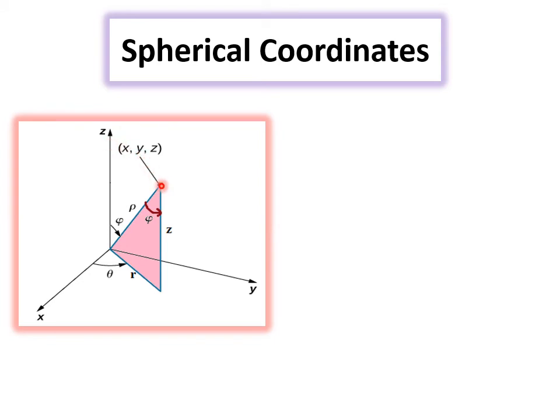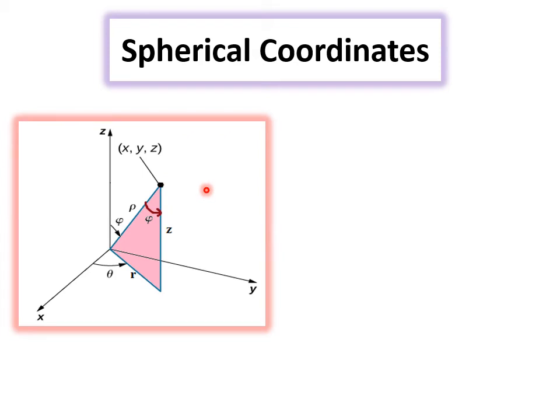So to locate the point, you have to move r units along x-axis. You have to tilt the x-axis theta units. Again you have to tilt your z-axis phi units. You are able to reach the location x, y, z.